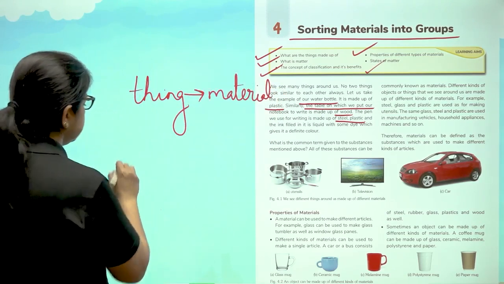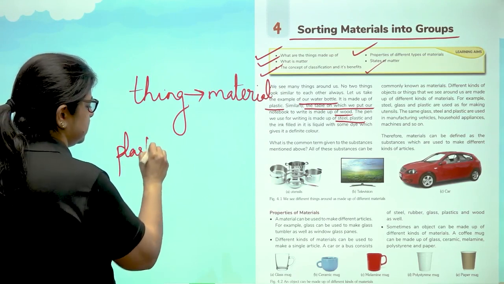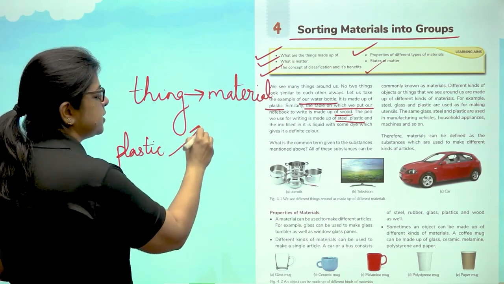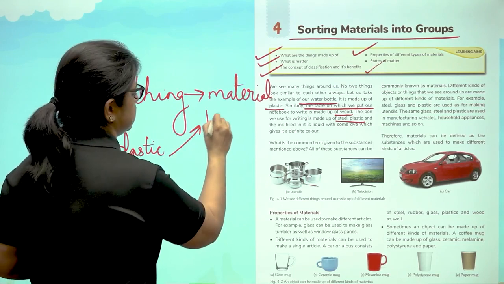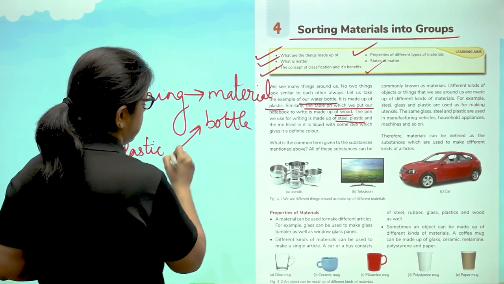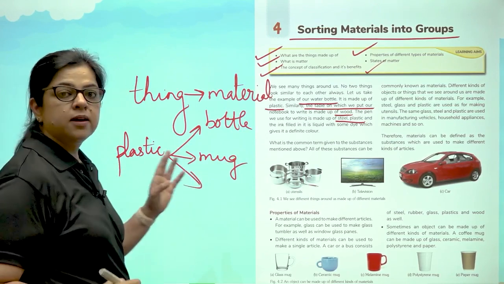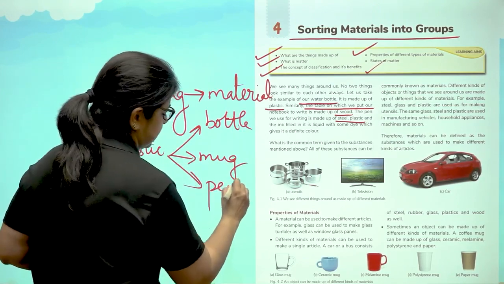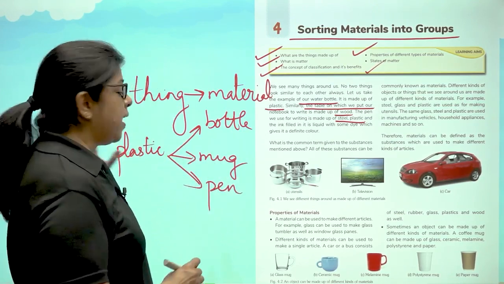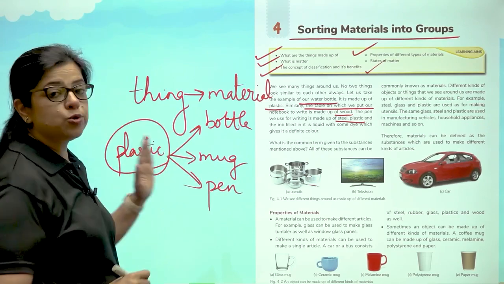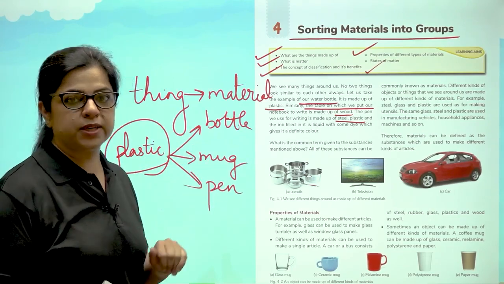For example, if we talk about plastic, it is used to make a bottle, a mug. It is also used to make a pen. That means one material can be used to make different objects.